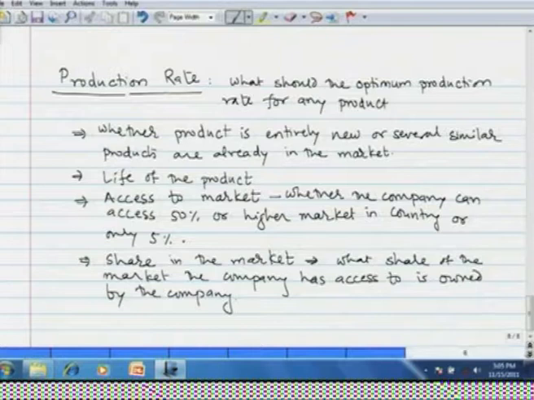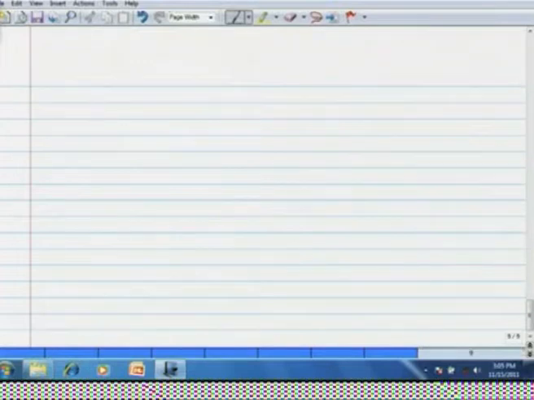Now, there is always an economy of production, okay, or economy of scale. As the production rate increases, the unit production price goes down. Okay.